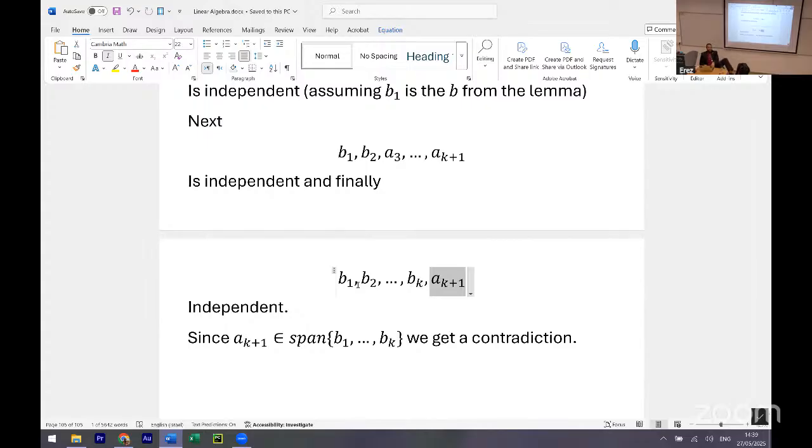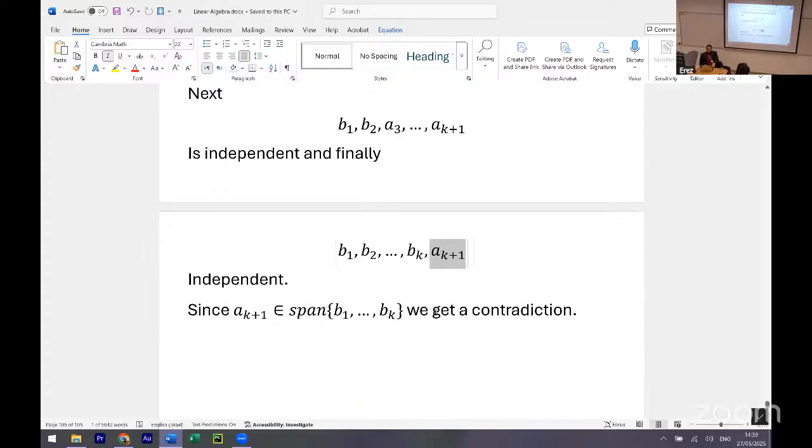Any questions so far? I was thinking, can you do a direct proof or does it have to be a contradiction? Because like you're saying, you're changing one by one and you get to the end and it's not independent, but by Steinitz, you just directly say if you try to change, then... No, but the change works. It's just that at the end you get some problem.